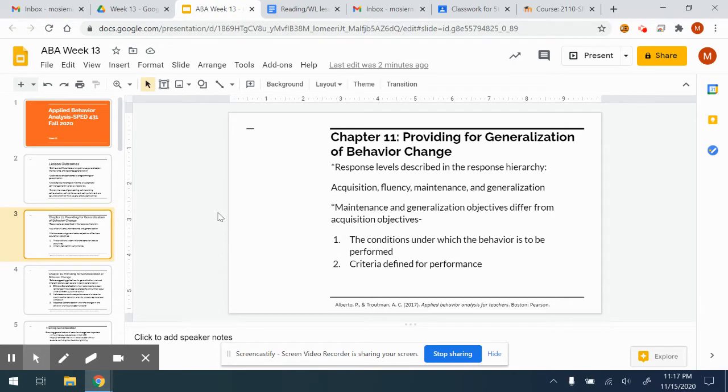And then the criteria is defined for performance. So what does that look like? When we're teaching acquisition and fluency, we're looking for mastery of the skill. However, when we move into maintenance and generalization, we are looking for, can the student perform it in a way that is similar to their peers? We know that all kids are not perfect.